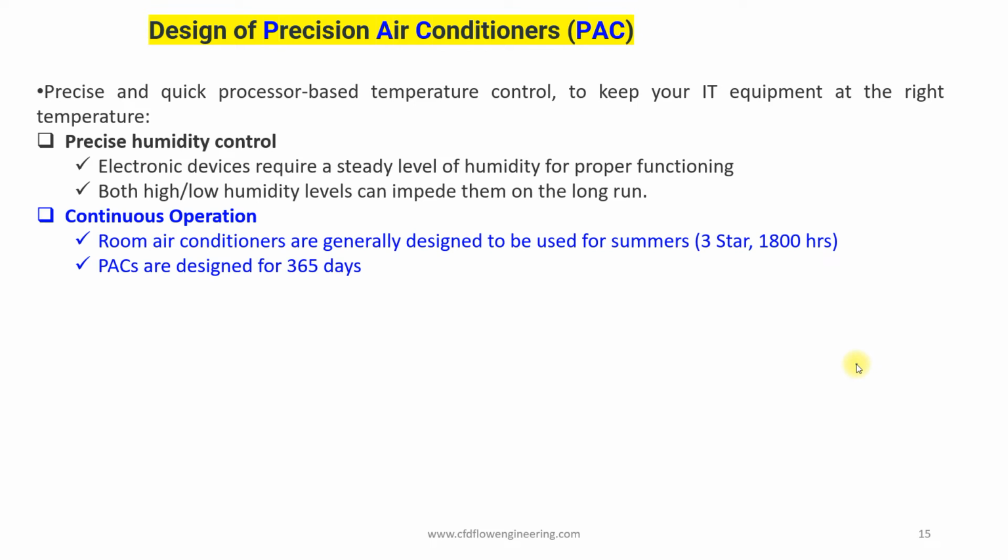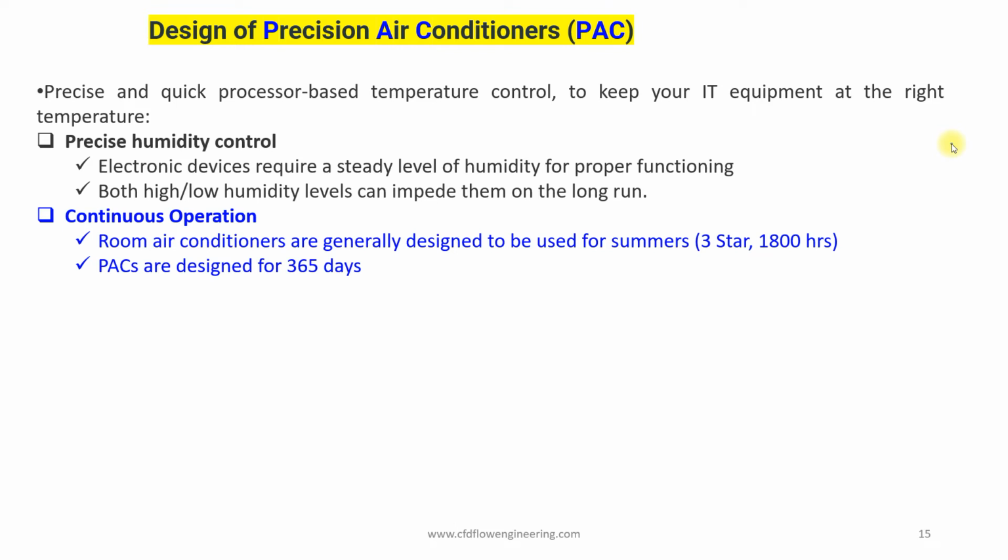Room air conditioners are designed for a few months. Generally, we use room air conditioners for summer, and that AC can be 3 star, 4 star. That means it can be used for 3 months or 4 months. It cannot be used for all 365 days.